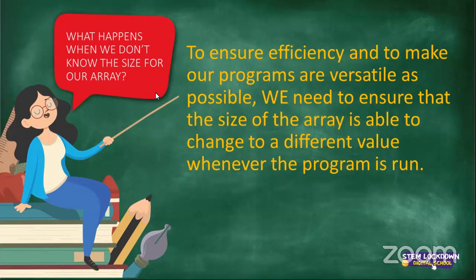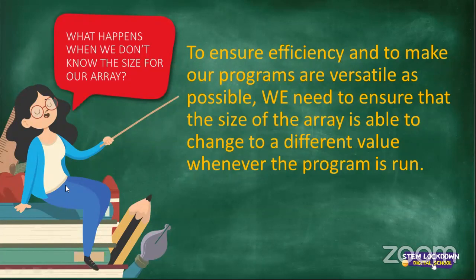So again, being able to change the size of the array for each run of the program. Maybe the first time the user has 5 values, maybe the second time the user has 10 values, whatever it is, our program should be able to change with what's required by the person running the program.